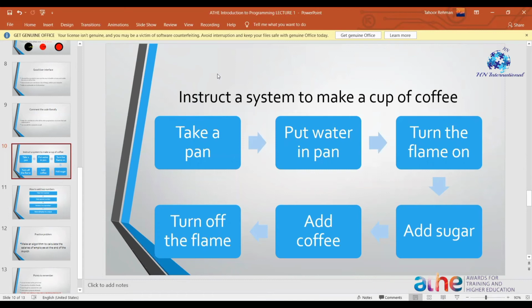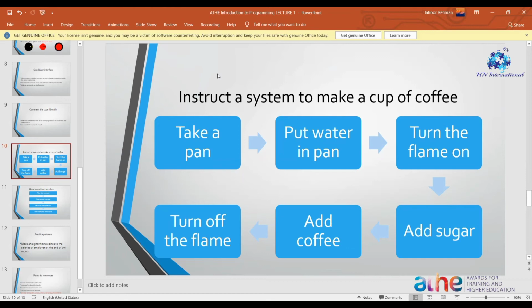Here you can see the example, instruct a system to make a cup of coffee. There are several steps needed to make a cup of coffee. You take a pan, put water in the pan, turn the flame on, add sugar, add coffee, and then at the last you turn off the flame.